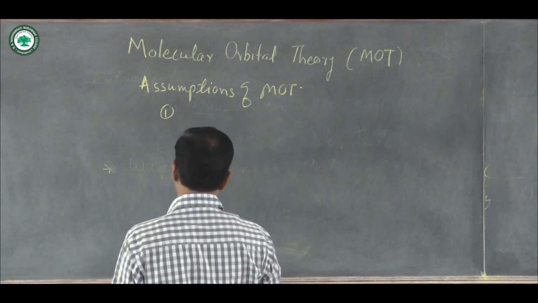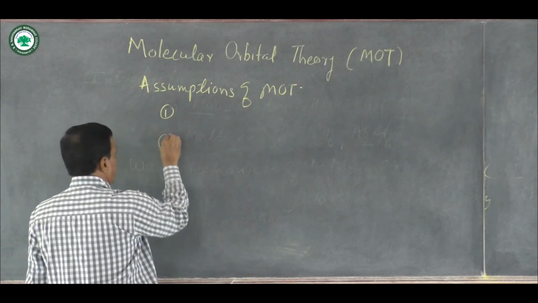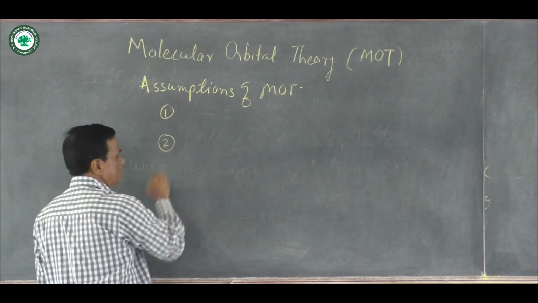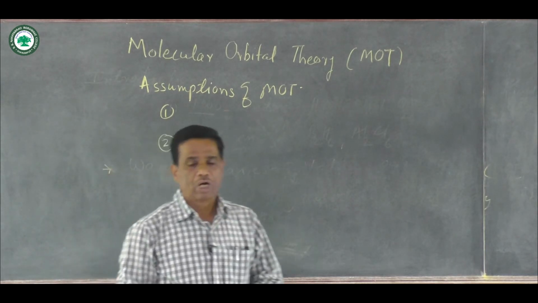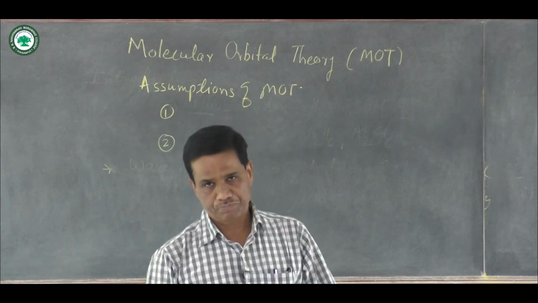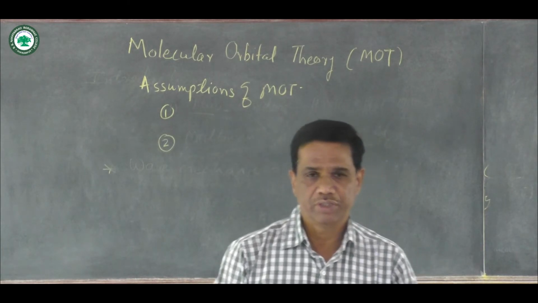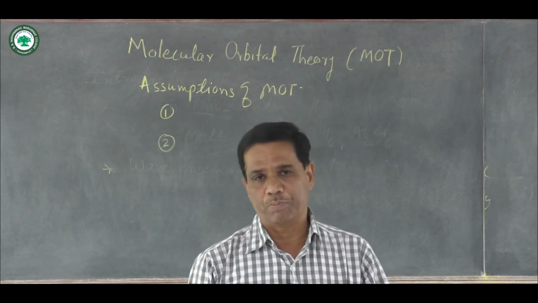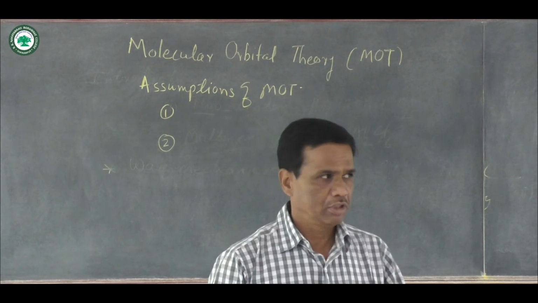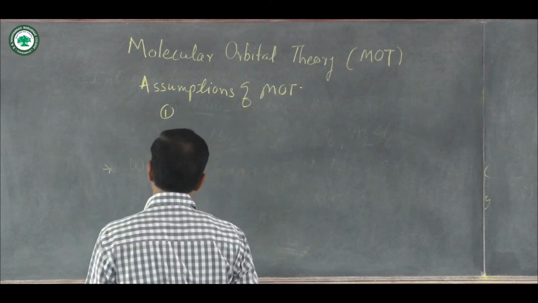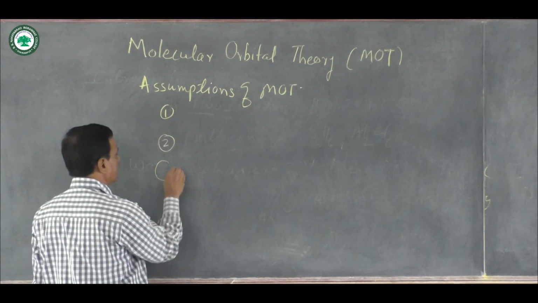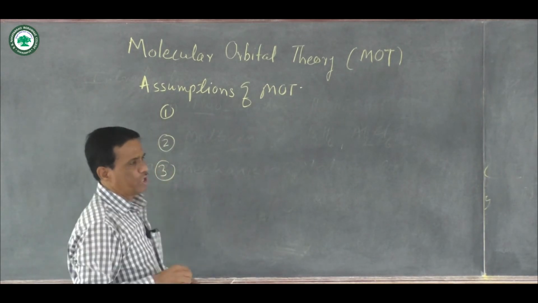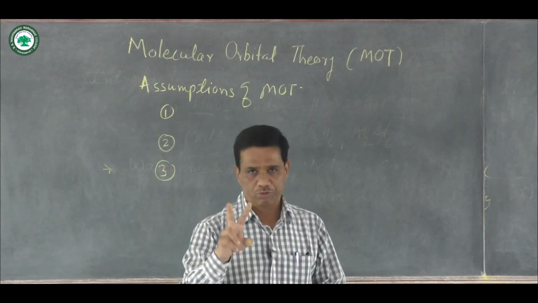Then second, atomic orbitals come close to each other according to their size, energy and symmetry, and then there is a formation of molecular orbitals. Then third, as many atomic orbitals as are combined, that many molecular orbitals are formed.